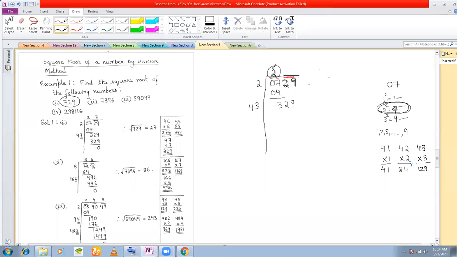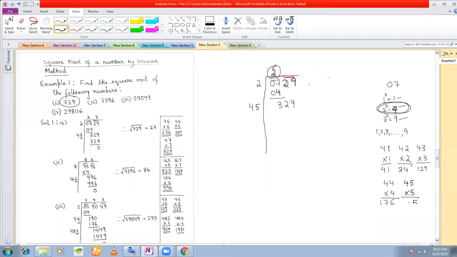Next you place the digit 4. 44 you are getting, and 44 you multiply with the digit that you have placed. So this is 176. Again 176 is much less than 329. So you try with 5. 45 you are getting, and you multiply 45 with 5.